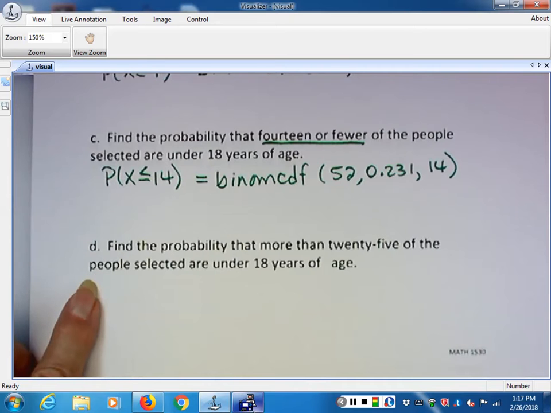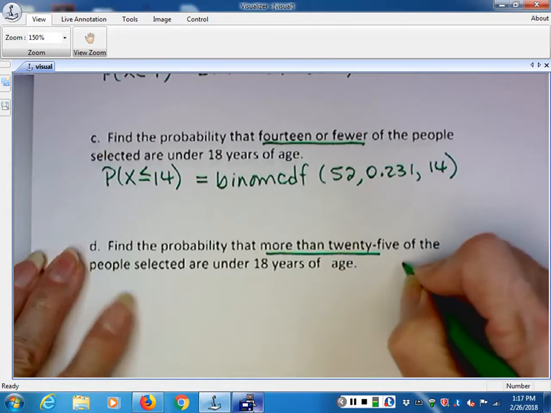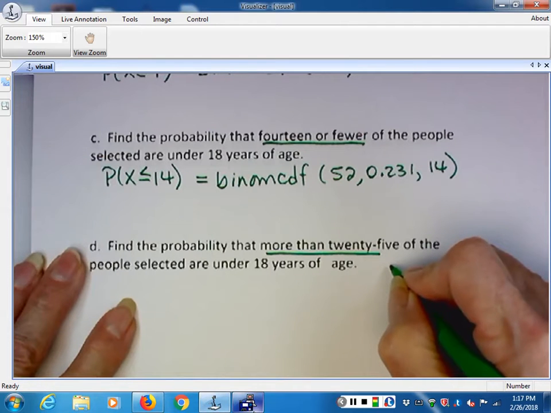More than 25. Up or down? Up. Okay. And is 25 included?